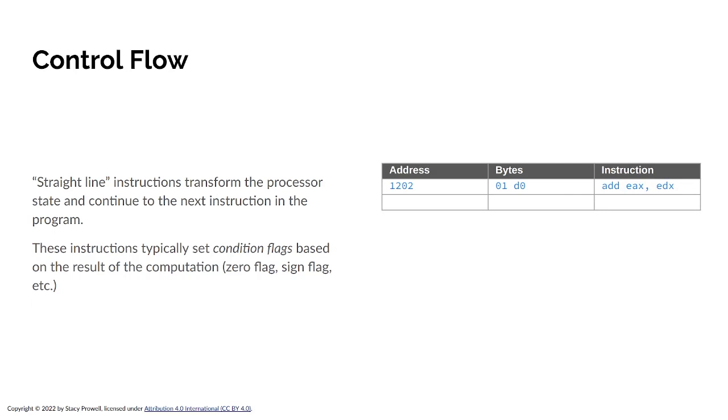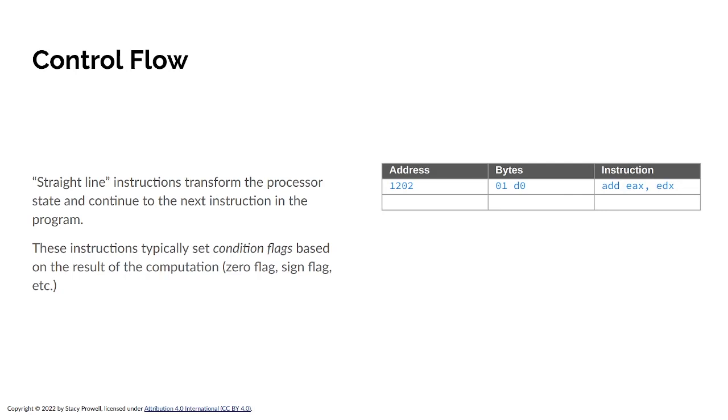Over on the right, you see an instruction at address 1202 hex. It consists of 2 bytes, 01 and D0 hex, and the instruction is: add the contents of EDX to the contents of EAX and store the result in EAX. We'll get more into how assembly language instructions are encoded later, but that's basically what it does.